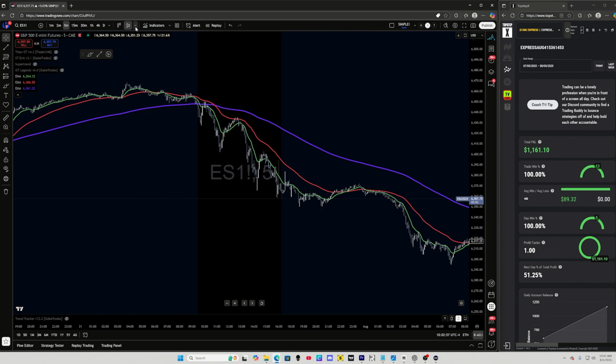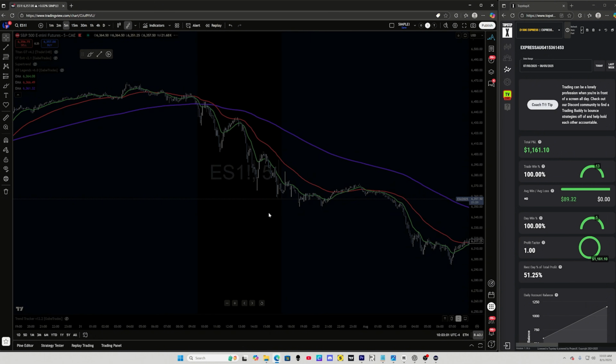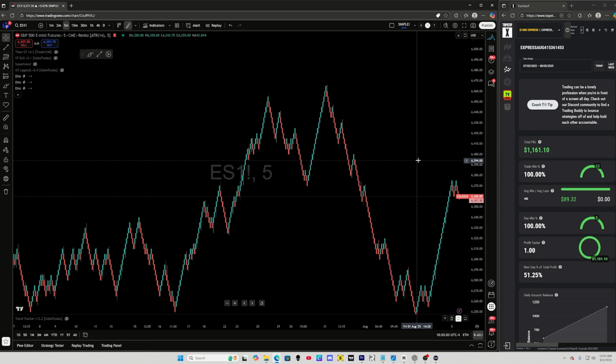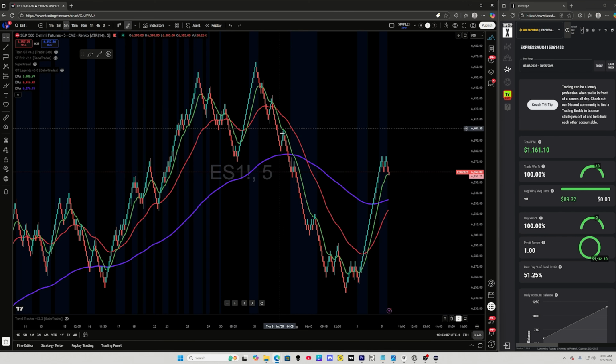Anybody want to argue that? Candles are absolute noise. I can prove to you that candles are noise by changing what my chart looks like and using a different instrument, aka Renko, which is a price-based illustration of price, not a time-based illustration of price.